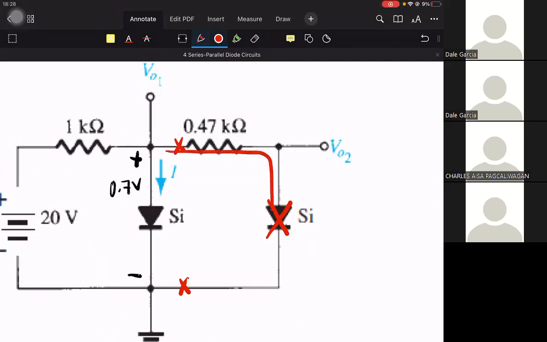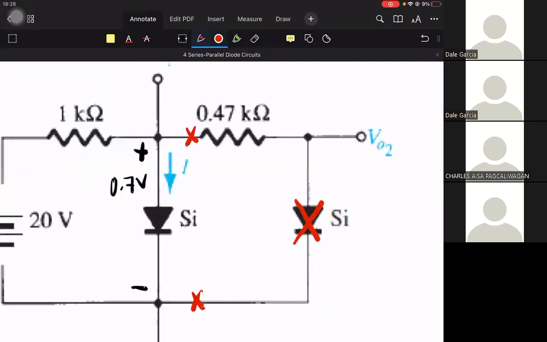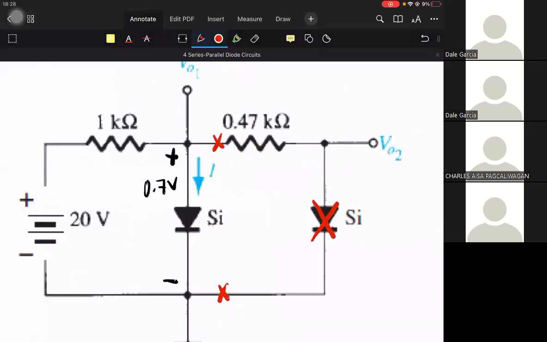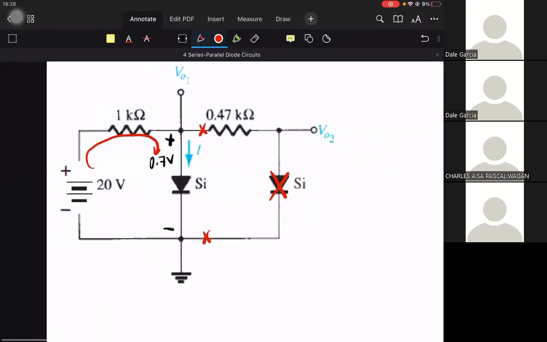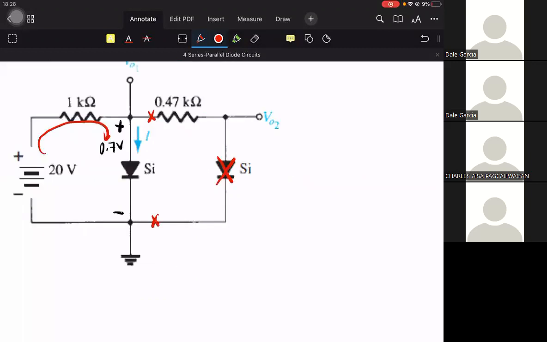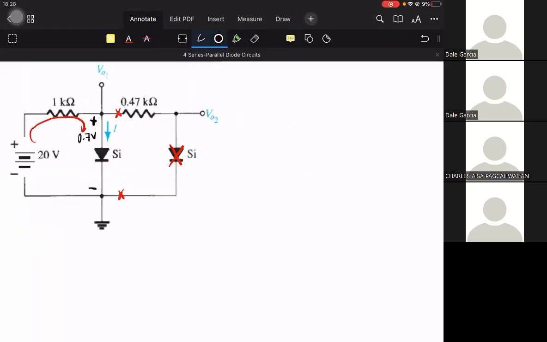Since diode 2 is not forward biased, it has no current. The circuit is again a purely series circuit. To solve for the current I and VO1, we apply KVL: 20 minus I times 1K minus 0.7 is equal to 0.